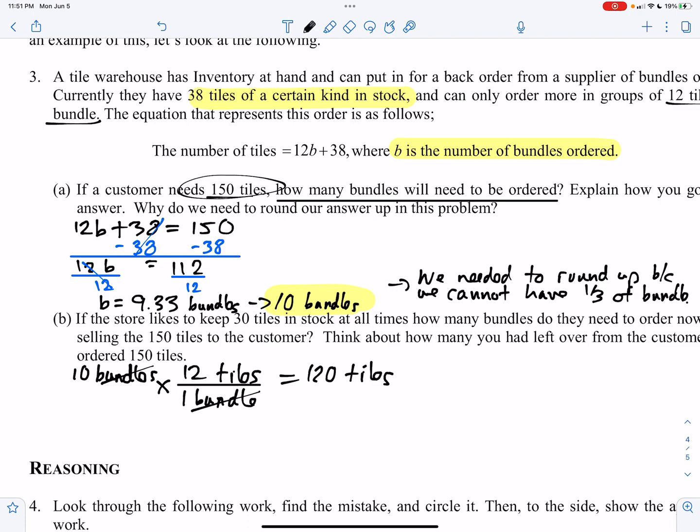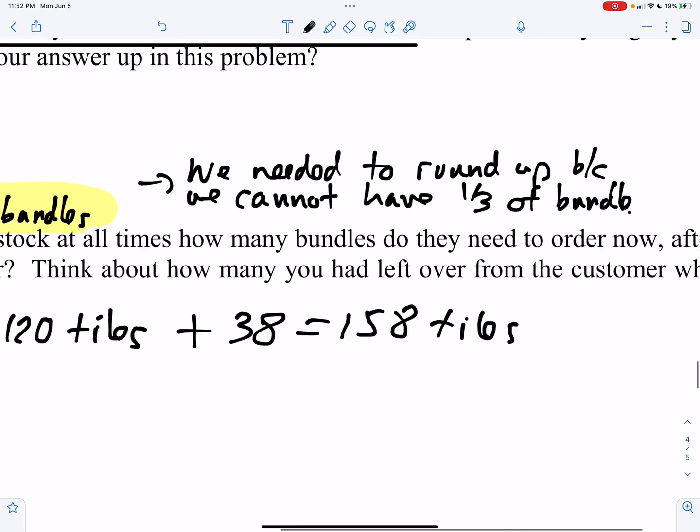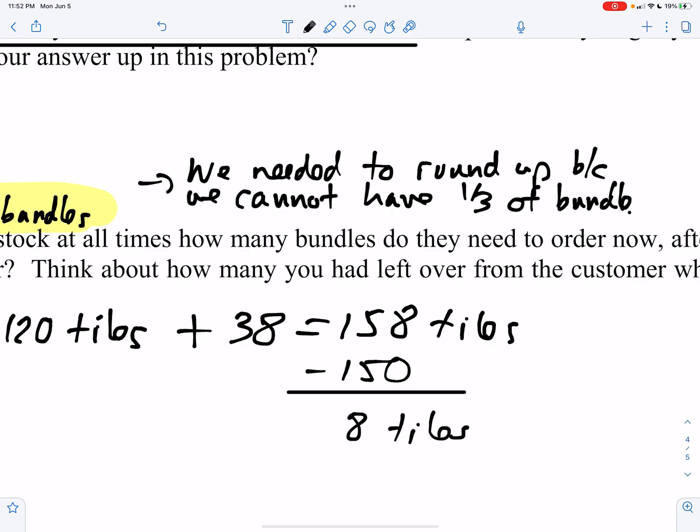If we go to our equation, 120 tiles plus the 38 that are already available would equal 158 tiles. So 158 minus the 150 tells you that there are 8 tiles left over.